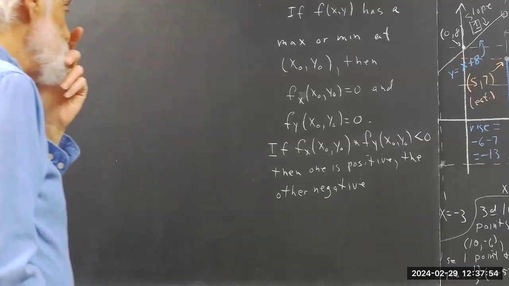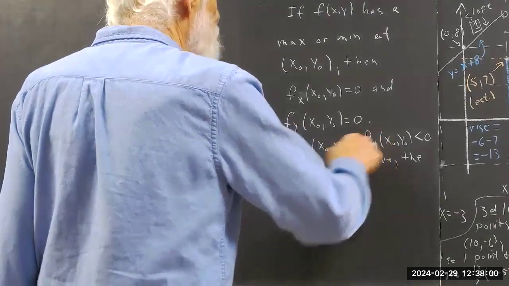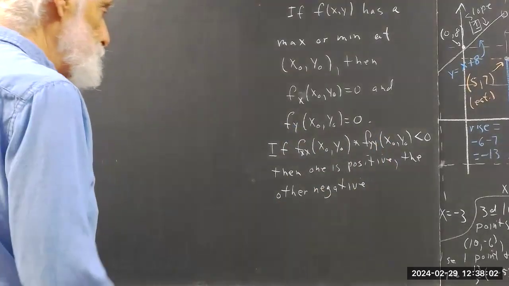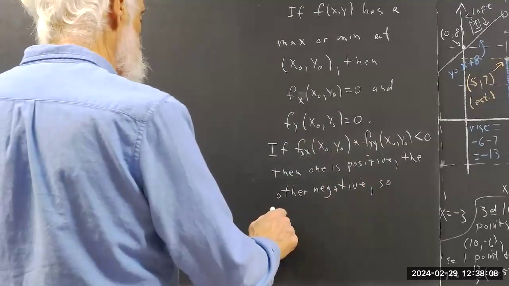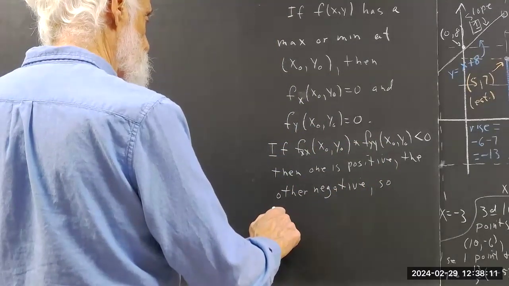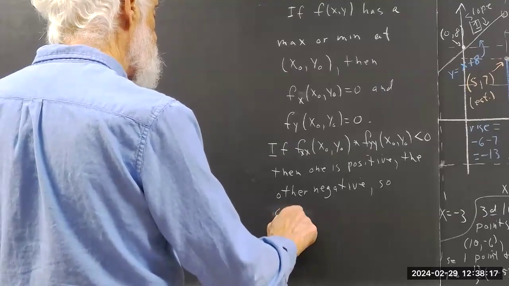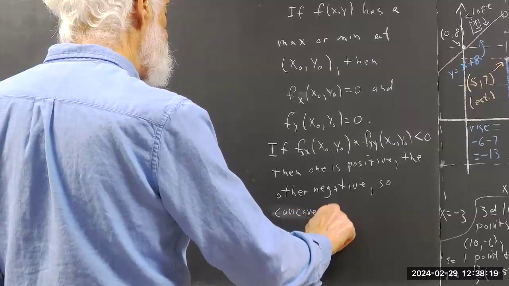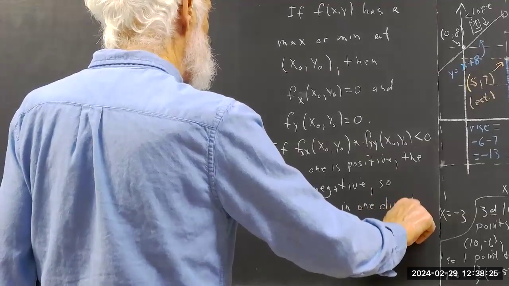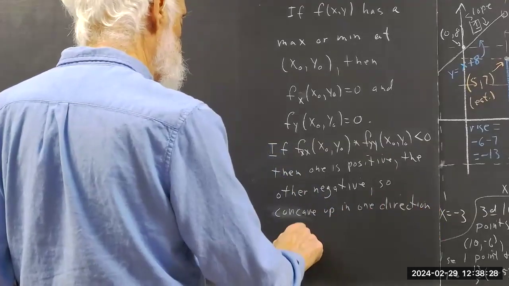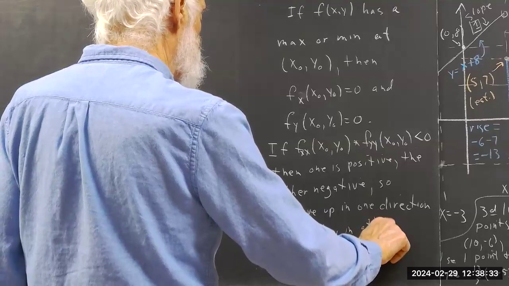And need to say if f_xx and f_yy is less than 0. And put enough derivatives on that. So the function is concave up in one direction, concave down in the other.